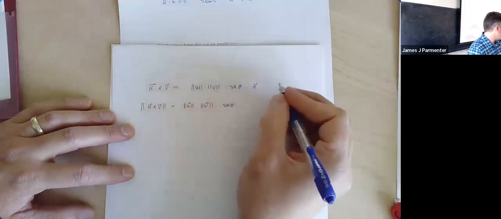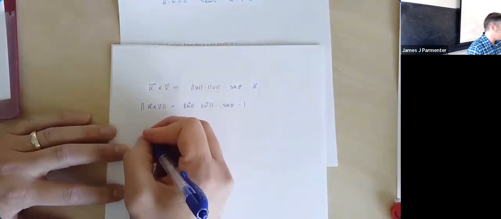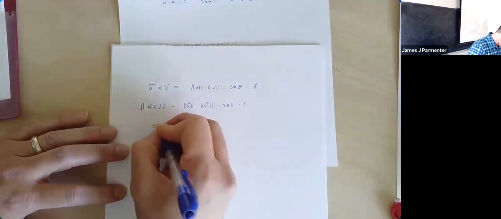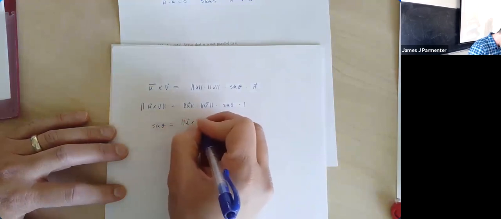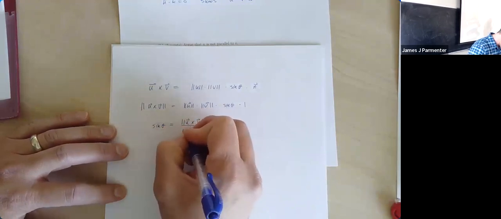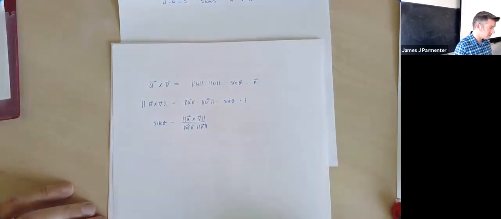And then the magnitude of the unit vector there is just 1. So I guess, yeah, you're right. It's not what I ever want to do. Sine theta is the magnitude of u cross v divided by the magnitude of u times the magnitude of v. Like, you can get that far, but you can't really get data out of that very easily.